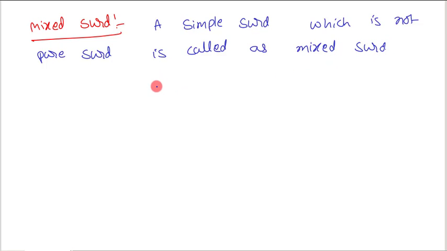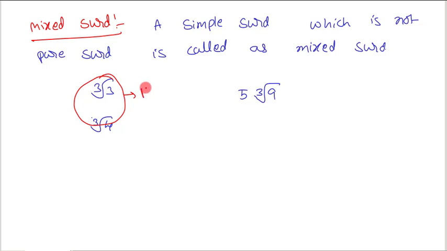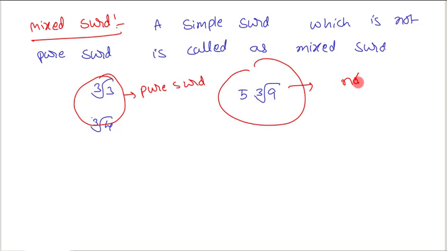Just now we took examples: cubic root of 3 and cubic root of 4, and 5 into cubic root of 9. Now these two are examples of pure surd, and we discussed that this one is not a pure surd.